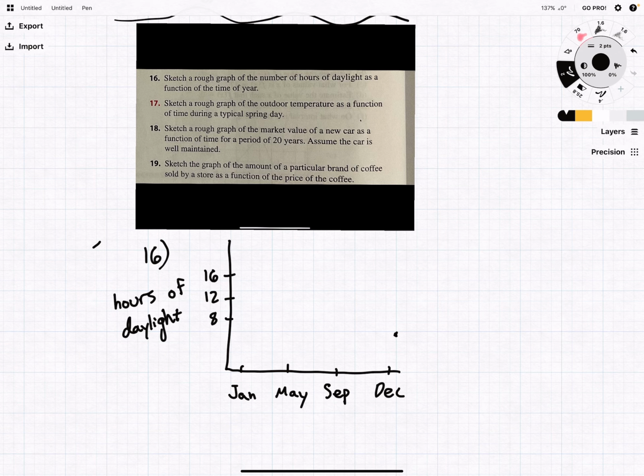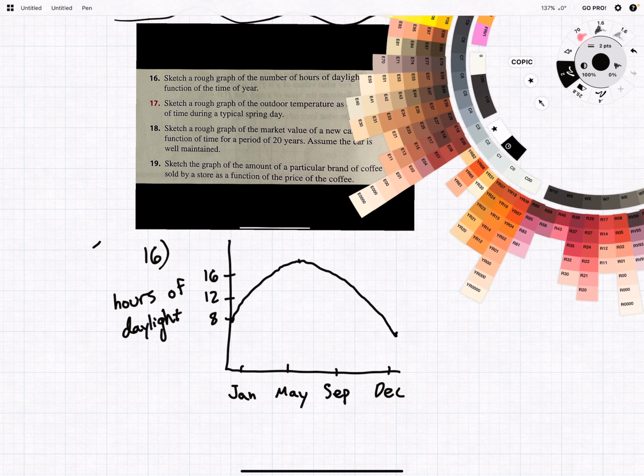So maybe here. And it'll still be pretty low in January as well. So during the year, you gain more daylight, and then after the summer solstice, you lose daylight, and that's pretty much what that looks like.